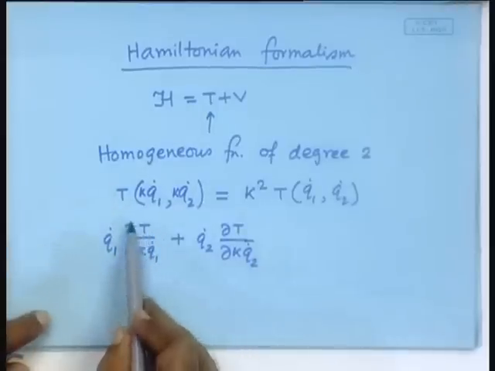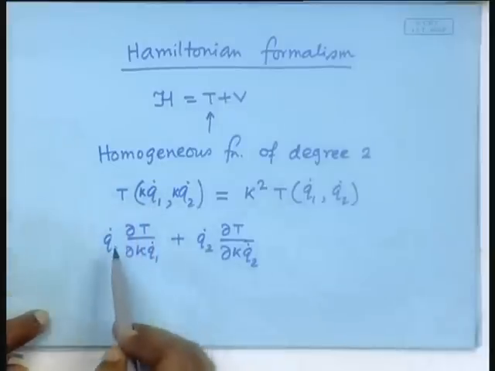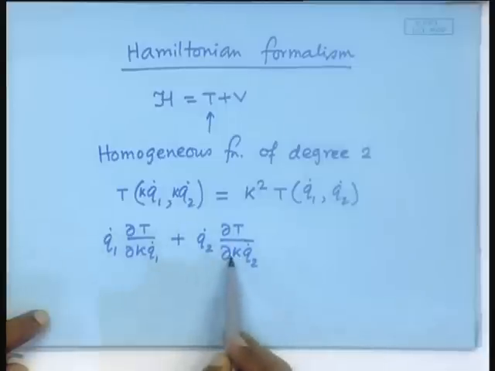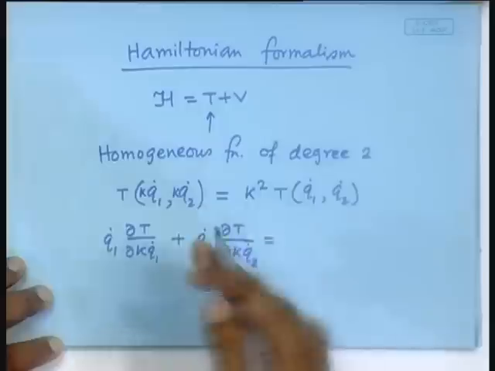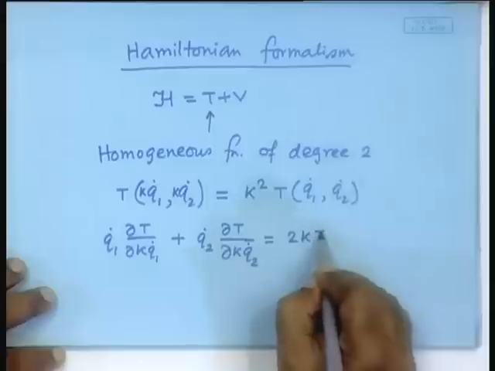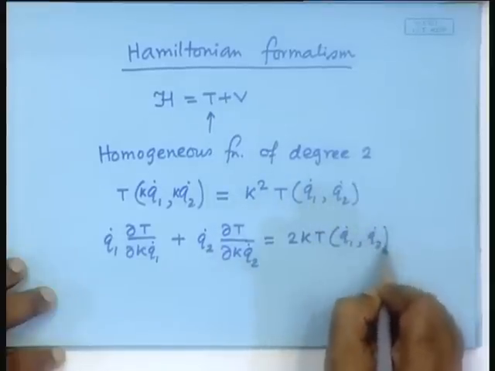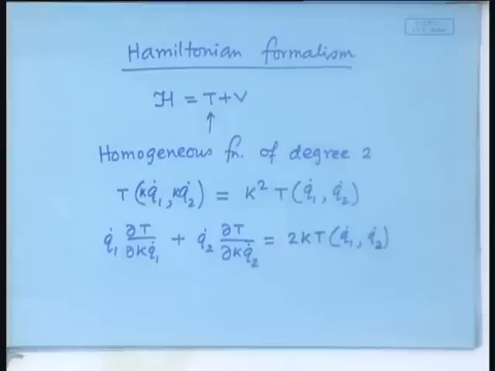So, I first differentiate with respect to this, and k q1 dot with respect to k yields q1 dot, and similarly the next one is equal to, on the right hand side, twice k T, fine.